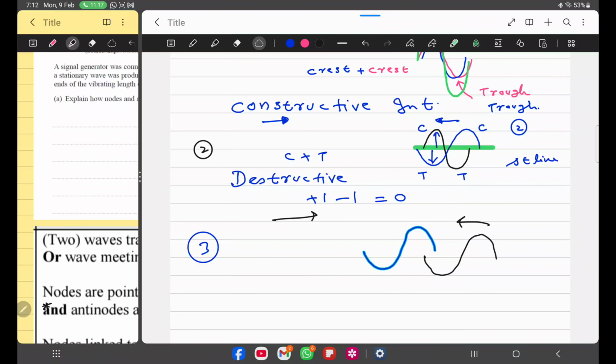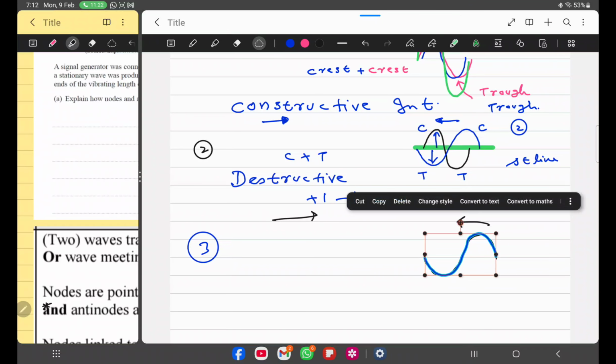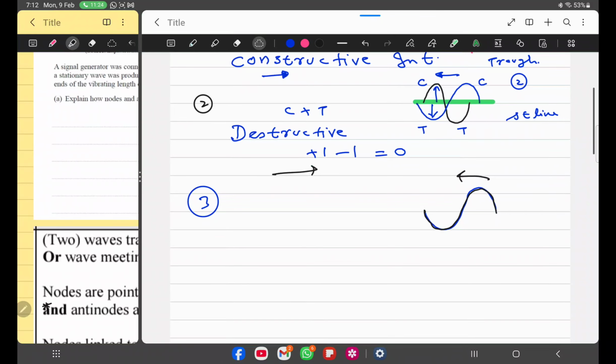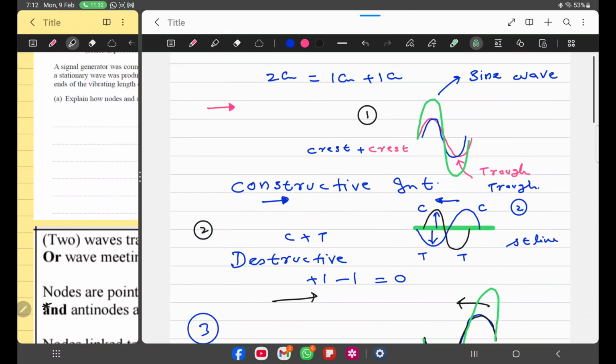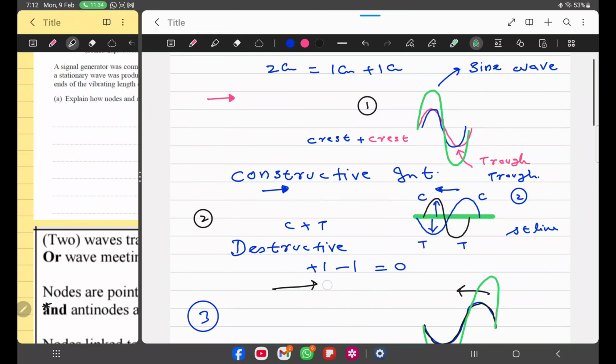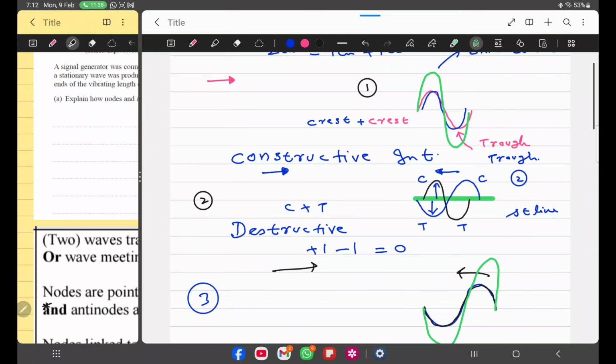And when this wave superposed upon each other, sir, it is again constructive interference. And in this constructive interference, this is the resultant wave. And now I am repeating, sir, the green is the resultant wave. So now you can see I have drawn three green waves.